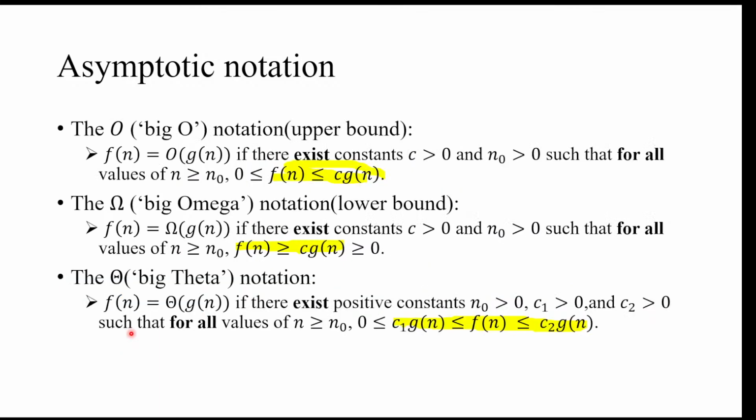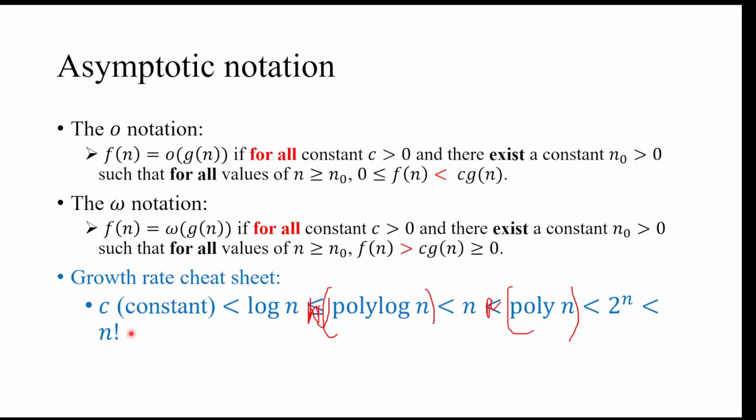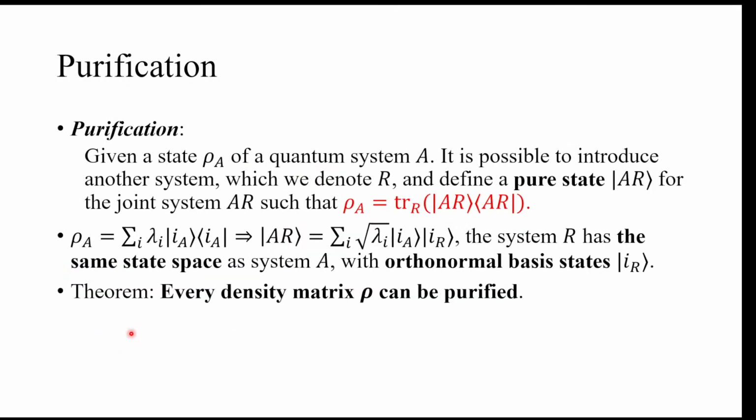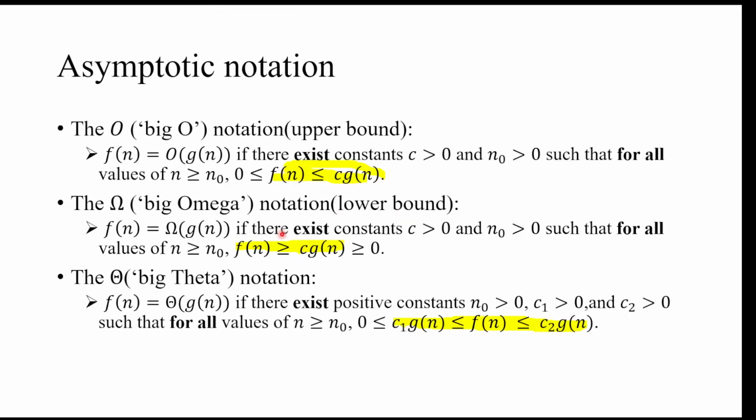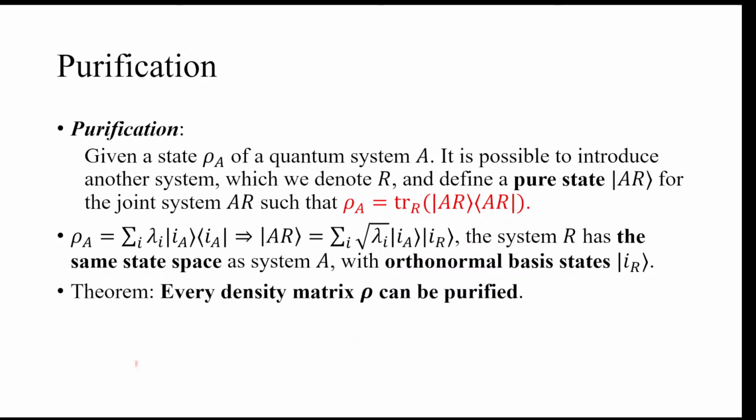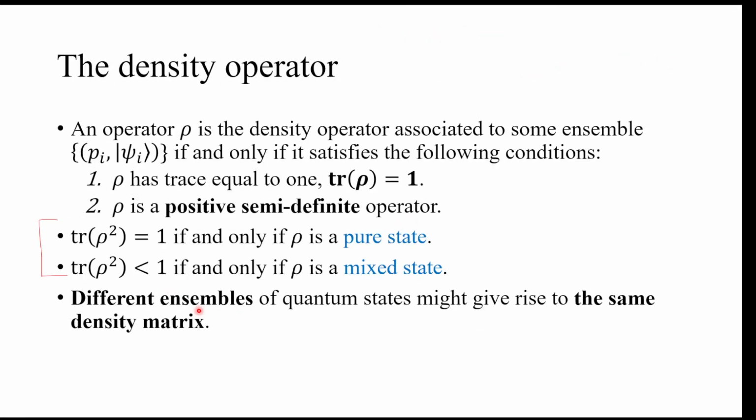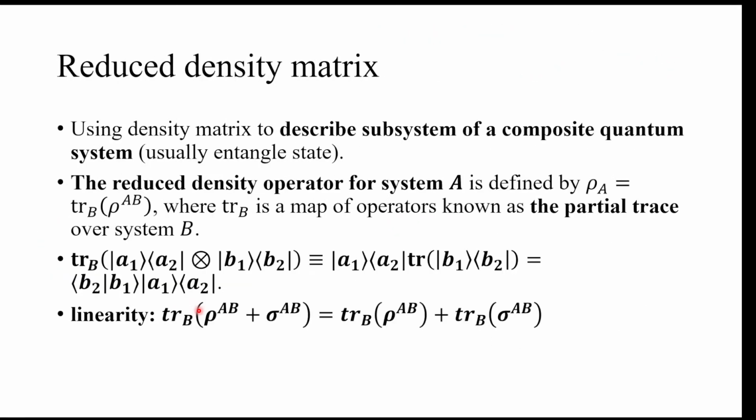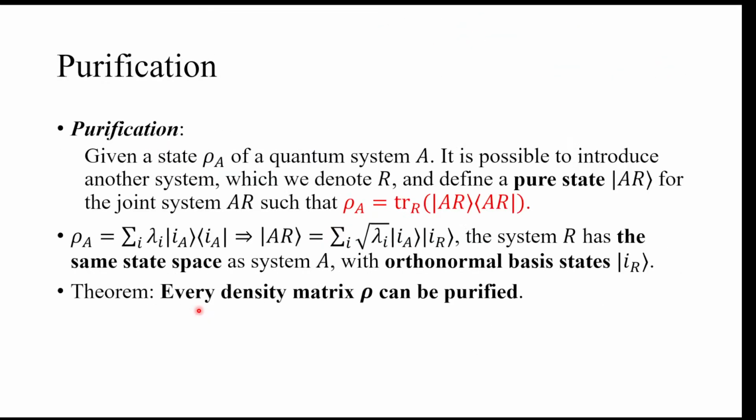Okay. And I think that's all I want to review here. I will put a nice conclusion slide between purification and reduced density matrix before on our slide. I'll put it here and re-upload this review sheet.